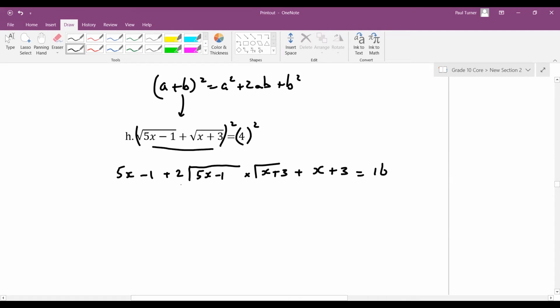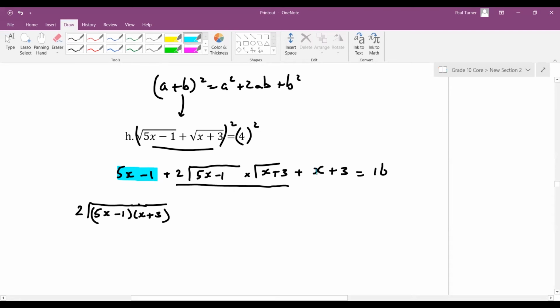I kept this on the left side. So 2. Now, if you put that together, if you're multiplying 2 surds, remember, we can join these together. So that's 5x minus 1 times x plus 3, like that. And then I bring the other stuff to the other side.